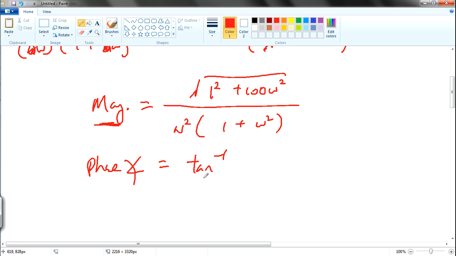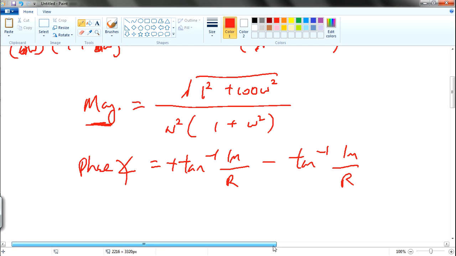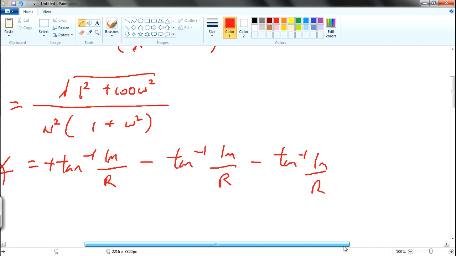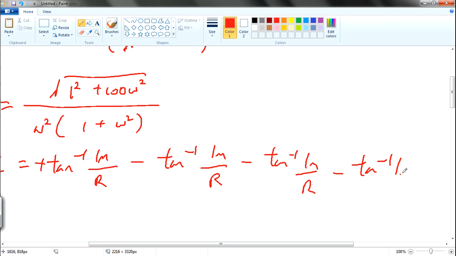Let's say this is positive, so you just need to know that zeros contribute a positive tangent, imaginary divided by real, and then minus tangent, imaginary divided by real, for the poles. There are 4 poles, so I have 4 of them, but they may have different real numbers.